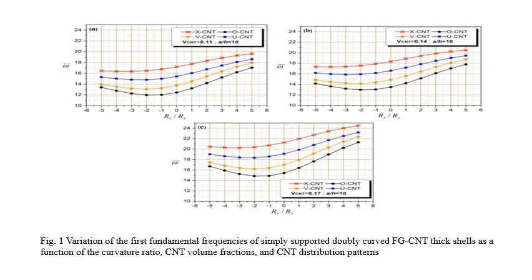This figure illustrates the variation of the first fundamental frequency of simply supported doubly curved FG-CNT thick shells as a function of the curvature ratio, CNT volume fraction, and CNT distribution pattern.